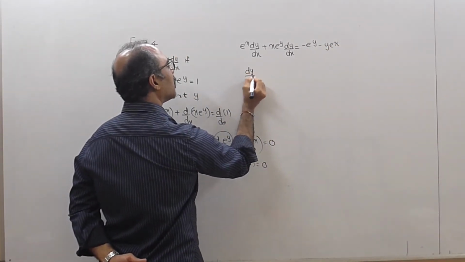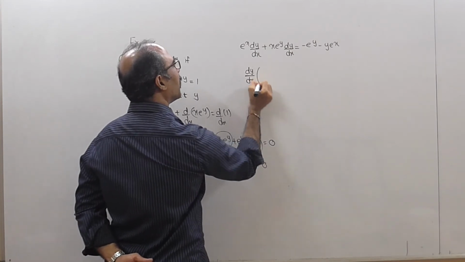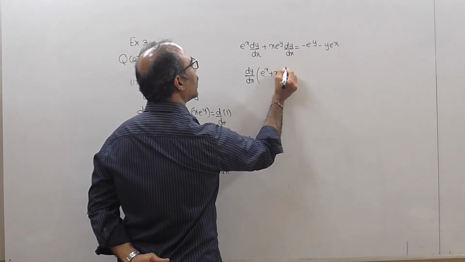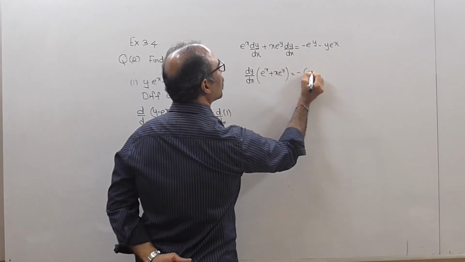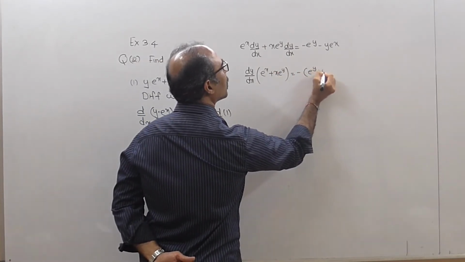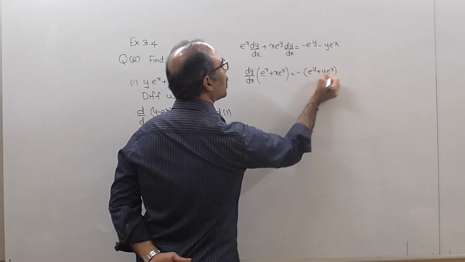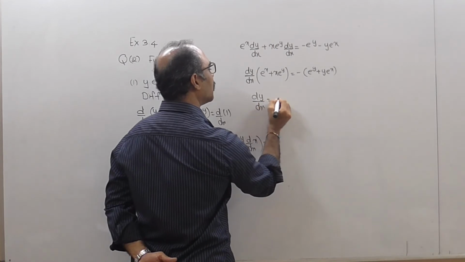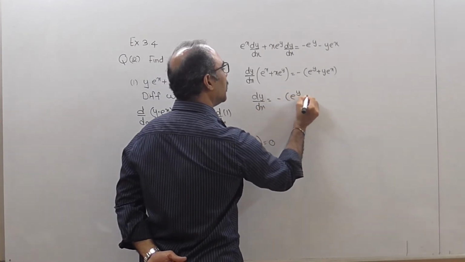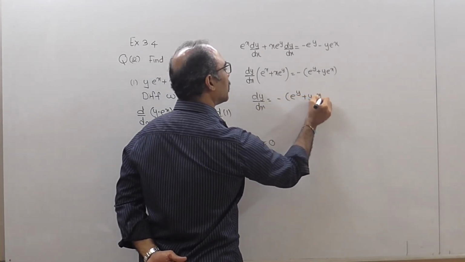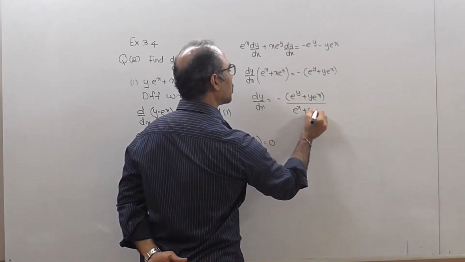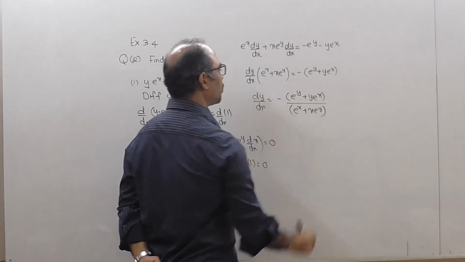Take dy by dx common, e raised to x plus x e raised to y, equal to minus e raised to y plus y e raised to x. So dy by dx will be minus e raised to y plus y e raised to x upon e raised to x plus x e raised to y.